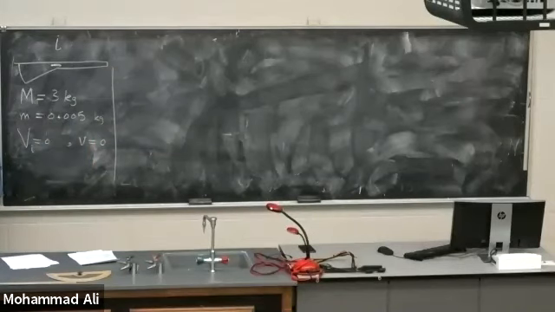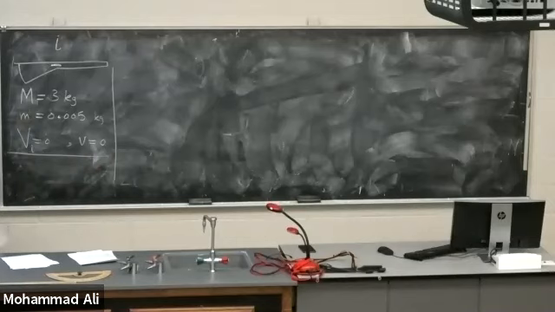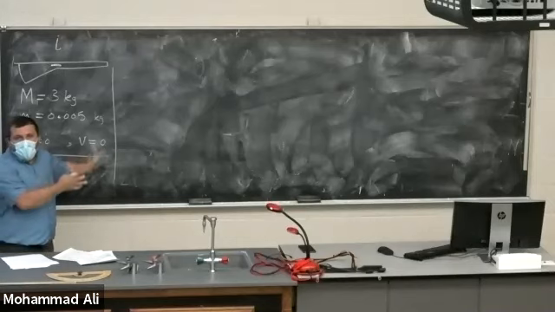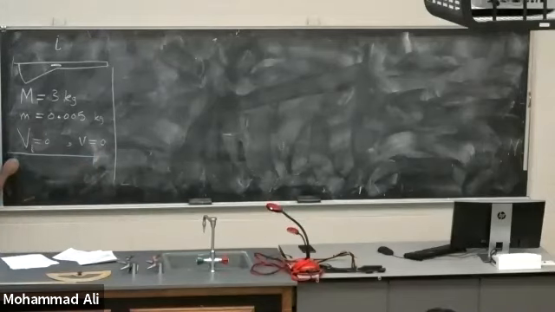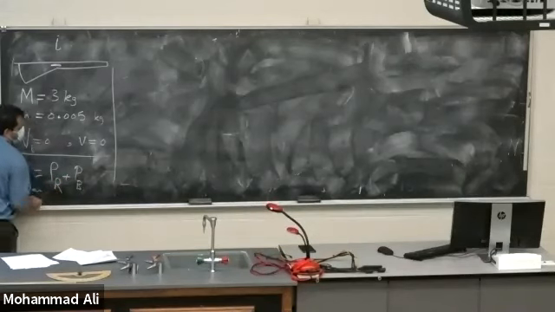If I ask you to compute the momentum of this system now, it's capital P for the system, equal to the momentum of the rifle plus the momentum of the bullet.